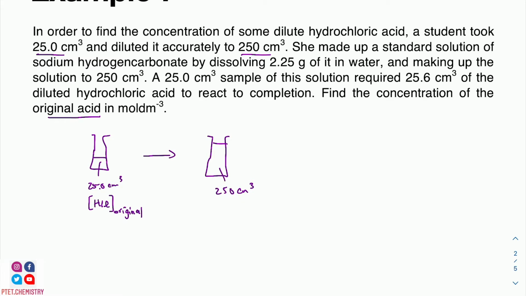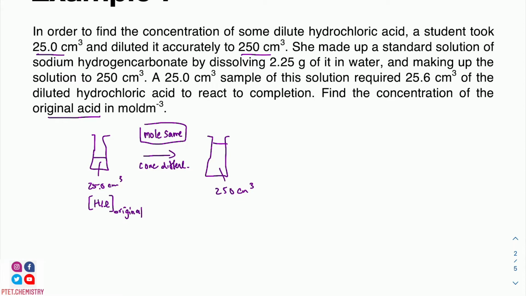So here the mole is the same because you are just adding water, but the concentration is different because you are adding 10 times the volume of water. So the concentration is actually 10 times smaller, but the mole is the same.